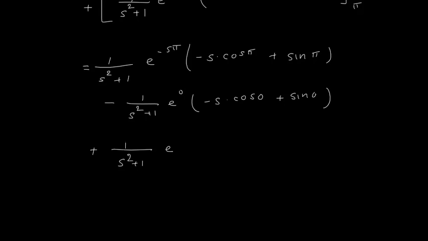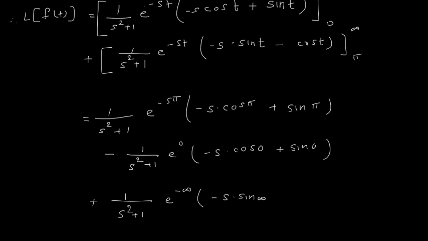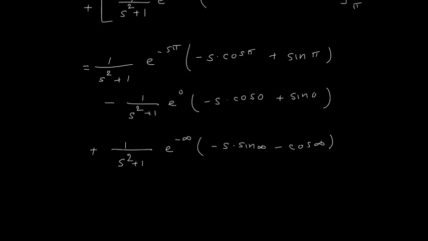into minus s into sin infinity minus cos infinity, minus 1 upon s square plus 1 e power minus s pi into minus s into sin pi minus cos pi.